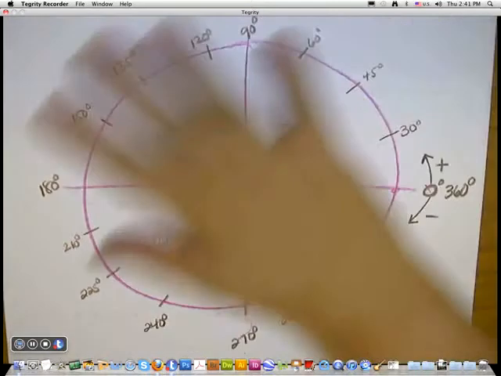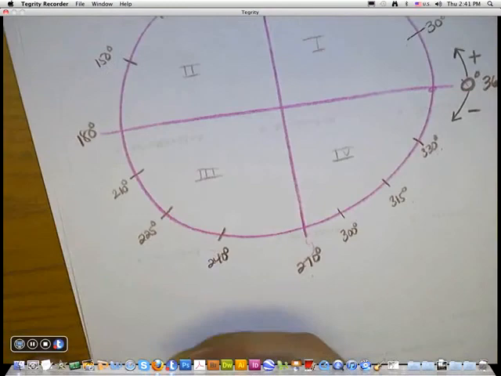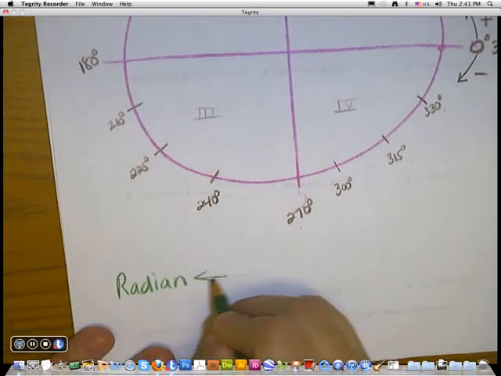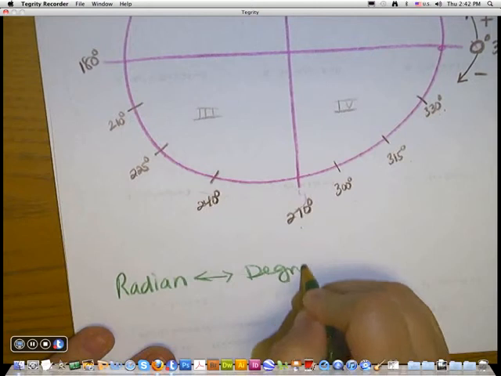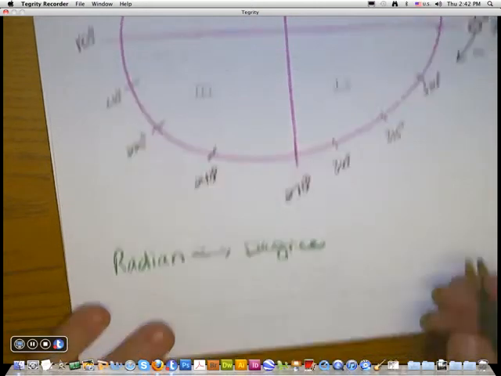When it comes to our degrees, we also have a second kind of measurement called a radian measurement. Now, a radian is just that. It's a different type of measurement. And we need to be able to switch between degrees and radians. And the way we do that is with its ratio.